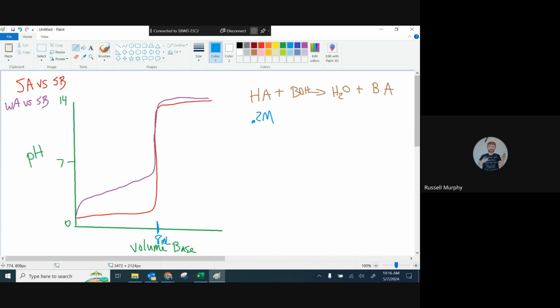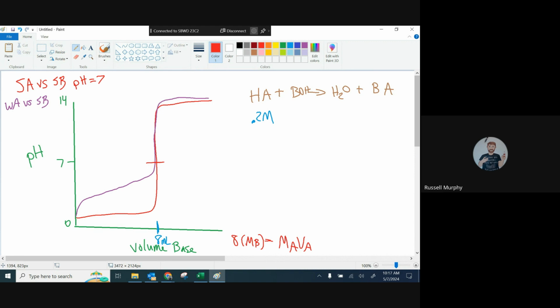For the strong acid, strong base, the pH at the equivalence point is going to be 7. And so real easily, we could say 8 milliliters times the molarity of our base should equal the molarity of our acid times the volume of our acid at that equivalence point.